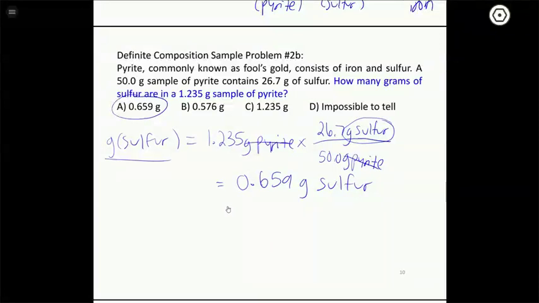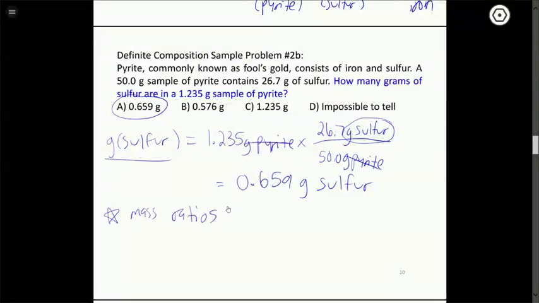There's a couple ways you could have approached this. This one we didn't have to do any additional steps. We could just use the given information, use the ratio directly. So we can also use mass ratios or mass percents as conversion factors. And so that's another important thing that comes out of this and allows us to determine the composition of samples of compounds that are different amounts.